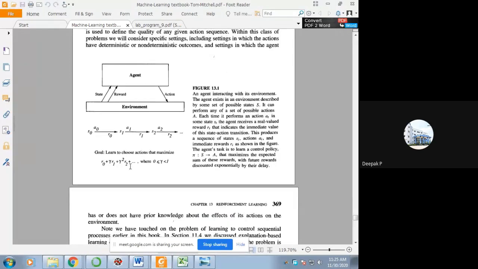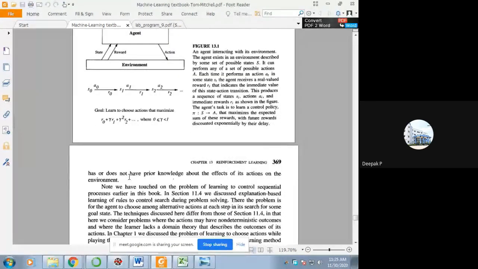For that purpose, the agent should learn a control policy, so it has control over the different states. That is represented by the function pi: S to A, so the set of states is mapped to a particular set of actions.